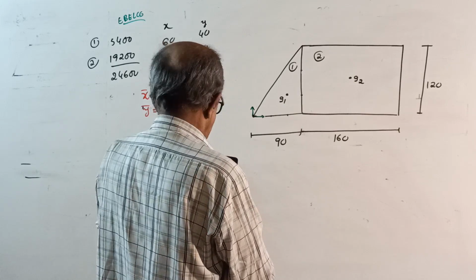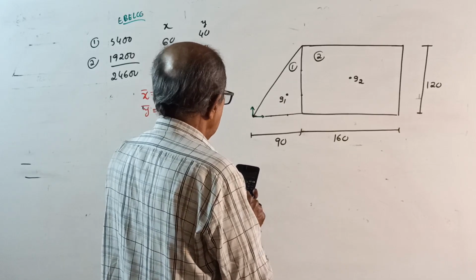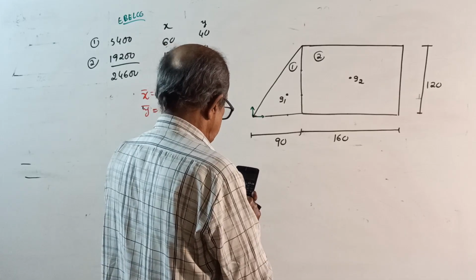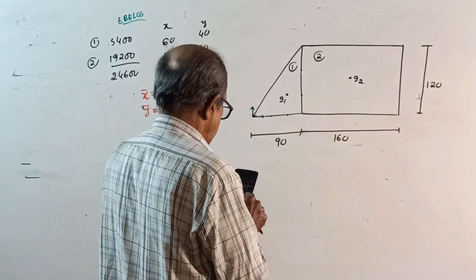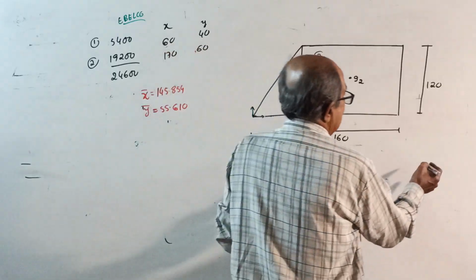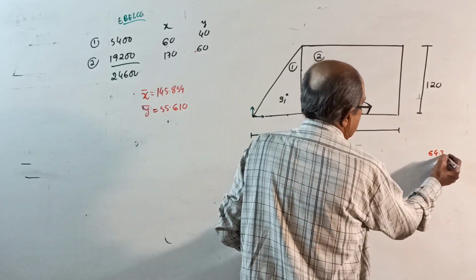From there, if you calculate 160 plus twice of 250 divided by 160 plus 250 into 120 divided by 3, oh yes, I am getting 64.390. Okay, I'll check the answer.